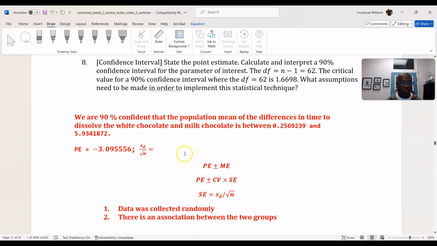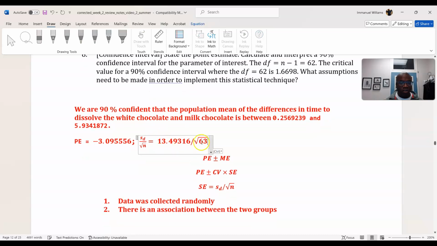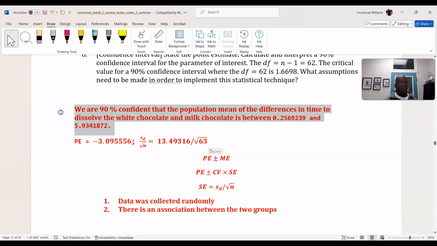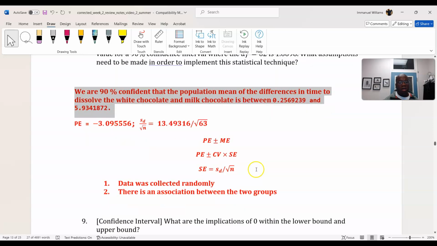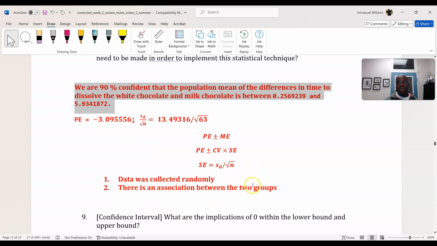And you can find the exact values and confirm my results. But that will be our standard error, and the critical value is already given to you right here. So you can confirm the values, okay? This should be below. But that's fine. The data was random, there's an association between the two groups.